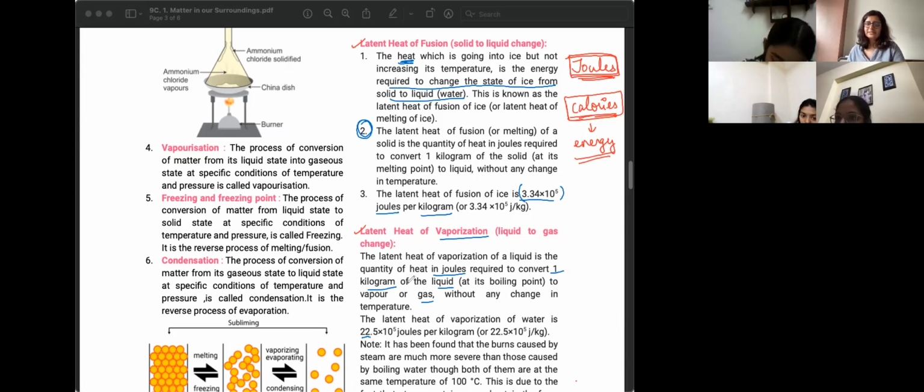So this is the concept of latent heat of fusion and latent heat of vaporization. All these concepts are important. They are required in industries. Note it down. I'll tell you an example of where you might use them.